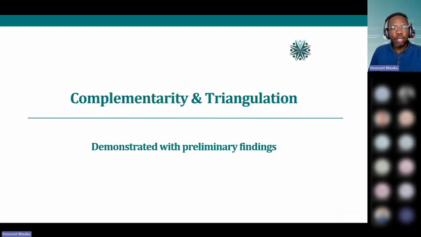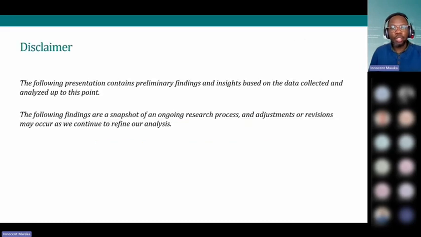And now we want to demonstrate the complementarity and the triangulation using some of our preliminary findings. Maybe just something to note is that we've prepared this, but this is not the final findings.